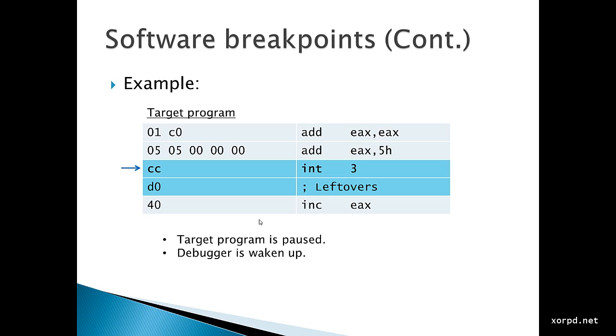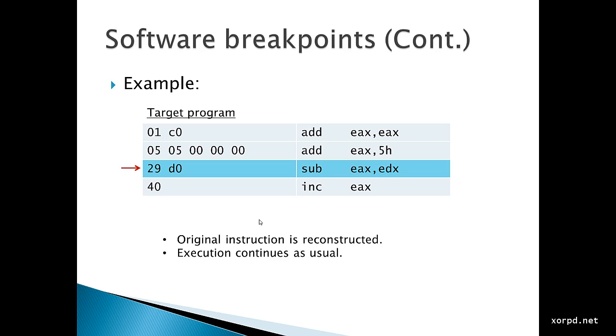After we have finished with everything that we want to do at this breakpoint, we let the program continue. At that point, the debugger is going to restore the original opcode, which gets back the original instruction, sub EAX EDX. And the execution is going to continue as usual.